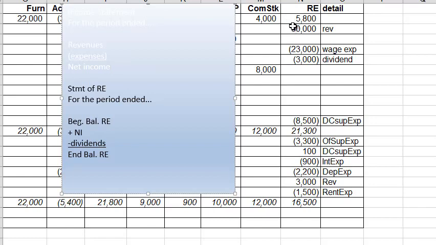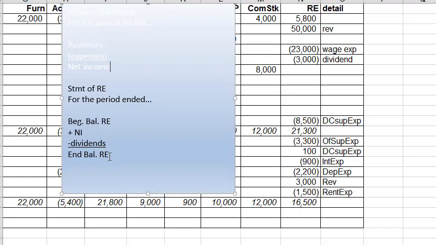And that's the reason why we prepare the financial statements in this order. We first do the income statement so that we can figure out what net income is. We then prepare some sort of statement of shareholders' equity so that we can figure out what the correct ending balance in retained earnings is. In the general ledger, we still see the beginning of the year balance in retained earnings, but by doing a little statement of retained earnings, we're basically computing what the post-closing balance in retained earnings will be.